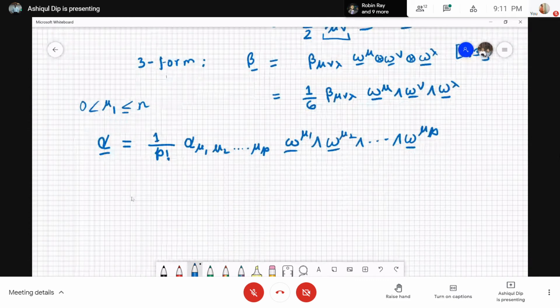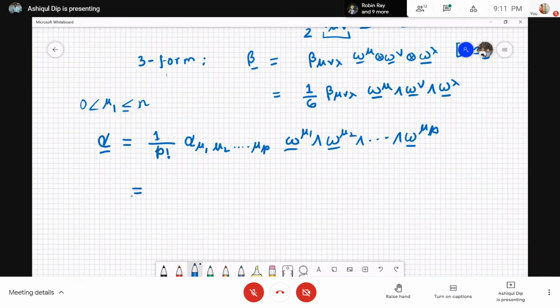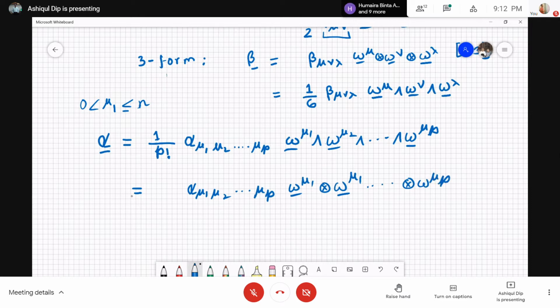But when you write in terms of direct product, that means the usual 0P tensor, what should you expect? Any guess? Yes. Is just this part. Like that.